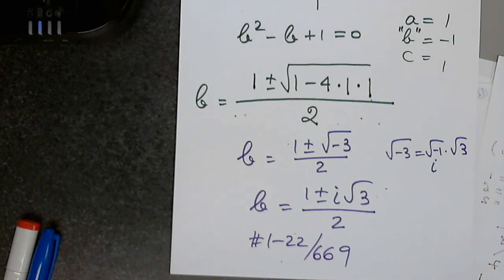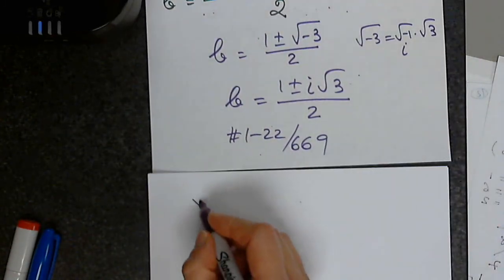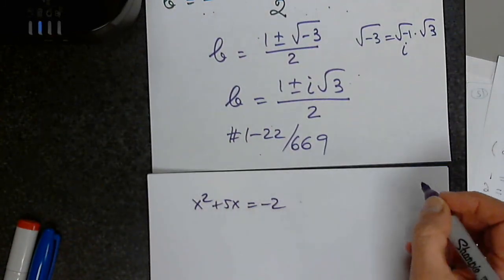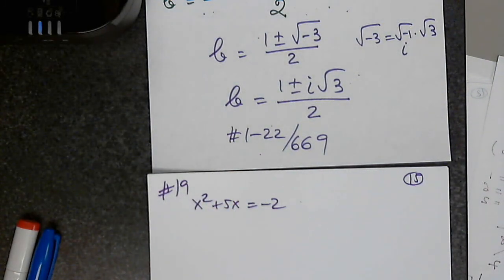Let's look at 19. X squared plus 5x equals negative 2. Correct. We're specifically told to use the quadratic formula. What is the very first step always?